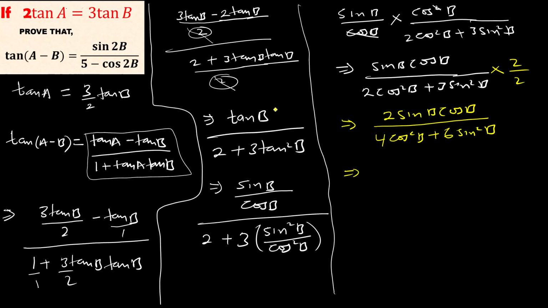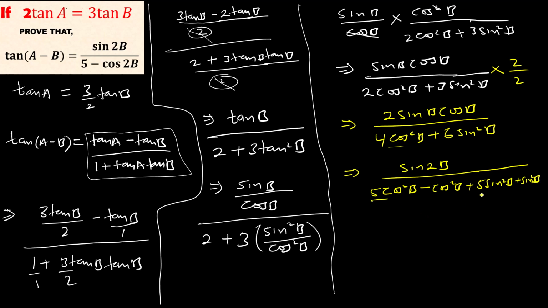We have 5 here, so we can write this one as, so let me write the numerator first. We have sin 2B. So this side can be written as 5 minus 1, which is 4, so 5 cos squared B minus cos squared B. Then this one is 6, the same as 5 sin squared B plus sin squared B. Okay, so let's arrange this.